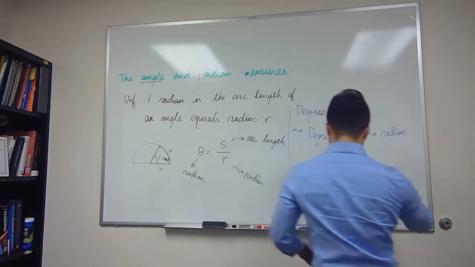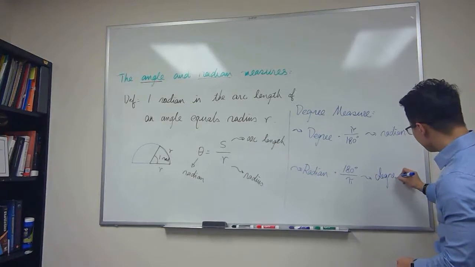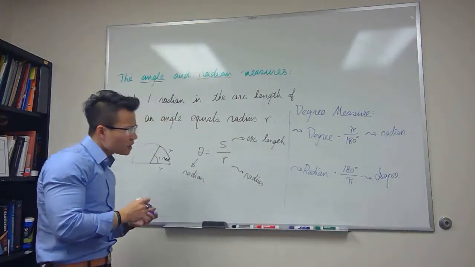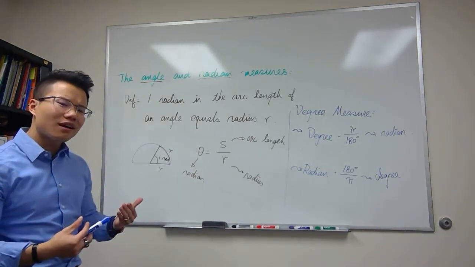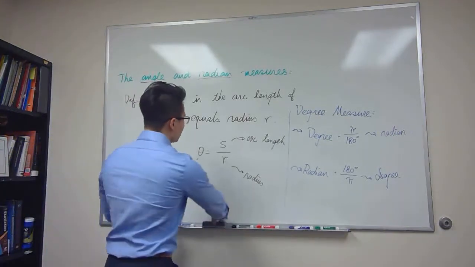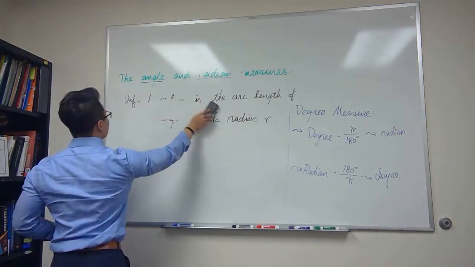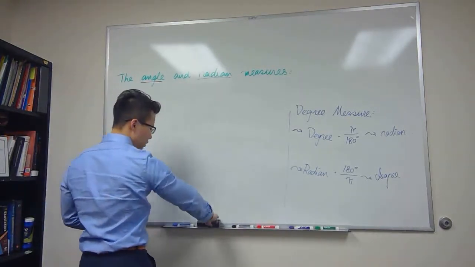That gives you degree. Okay, and that seems a little bit complicated, but you get the idea. So I'm going to show you guys a nice example for those, and then you guys can see how this is going to work.